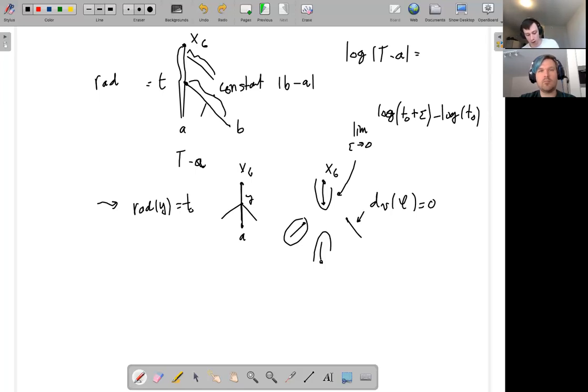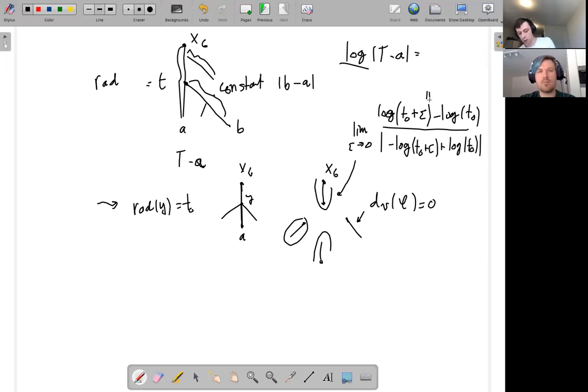So on this branch, the function is just equal to the radius function, which is this t0 plus epsilon, and then you take the logarithm because we have the logarithm here. So this is the numerator. And then here you have the absolute value of minus log t0 plus epsilon plus log t0, absolute value.